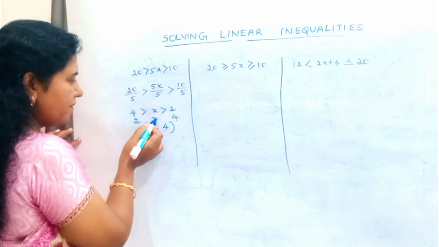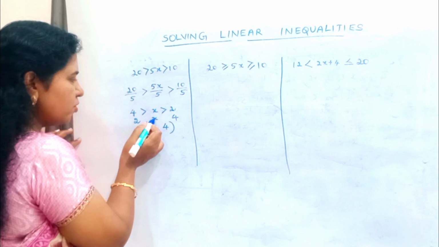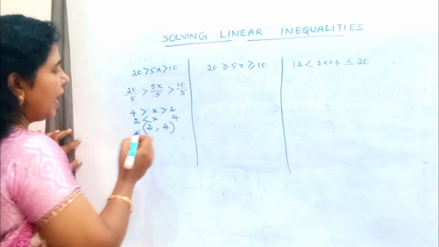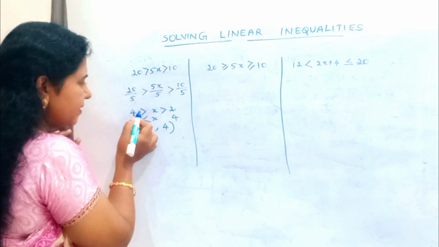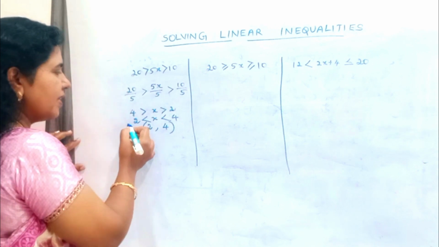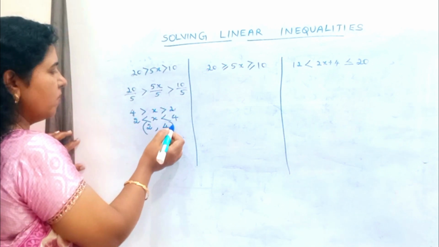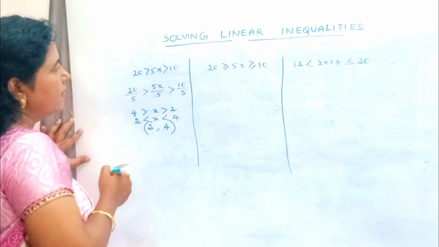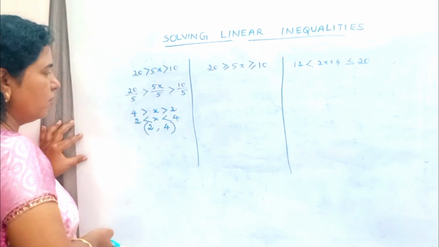Here we are having x, here it is 2. So x should be greater than 2. So we have to change the sign of inequality. And here it is x is less than 4. So x is less than 4. In this way we can change and then write it down, or we can write directly by using this relation itself. We can go by any way.